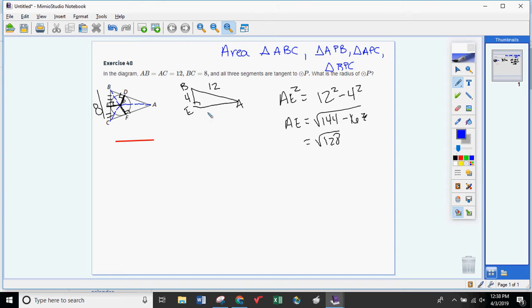Okay, now AE is also the height of the big triangle. So the area of my big triangle, triangle ABC, is 1/2 the base. My base is the entire length, 8, times the height, which is the square root of 128. And by the way, the square root of 128, the way you simplify this is you find the biggest perfect square that goes inside, and then you simplify that square root.